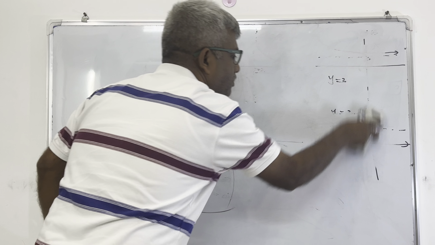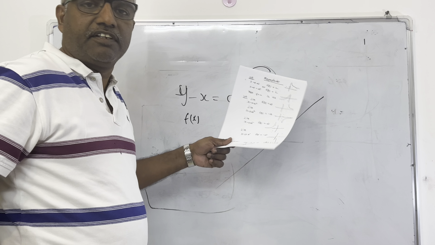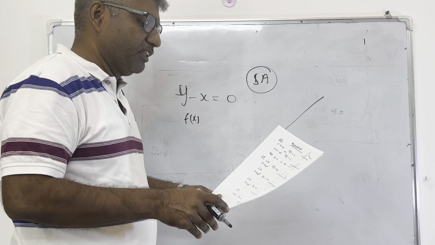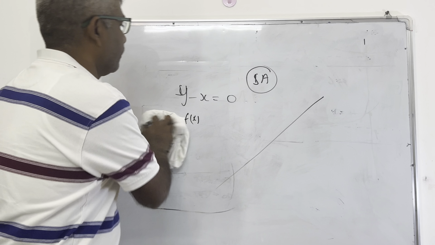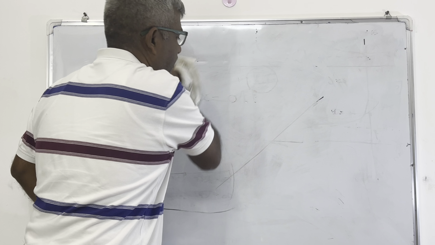Slant asymptote. Slant asymptote means when f of x, that is when y minus x approaching 0, it will be a slant asymptote. We will see that example, I will explain in my example question with clear evidence. Okay. Now another thing, none.